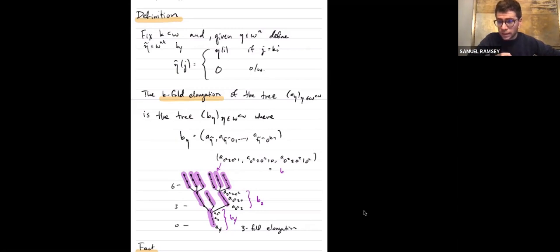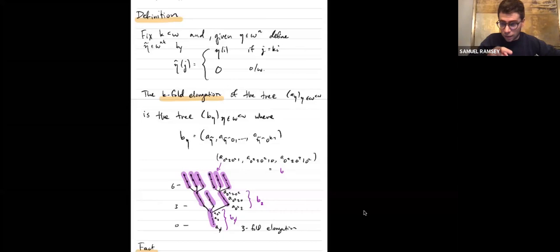And my rule is that I'm going to somehow spread out the entries of eta every k steps. So if I plug in j to eta tilde, if the element that I'm plugging in is a multiple of k, then I divide it by k and I plug it into eta, and that's going to be the output. So I wrote it here.